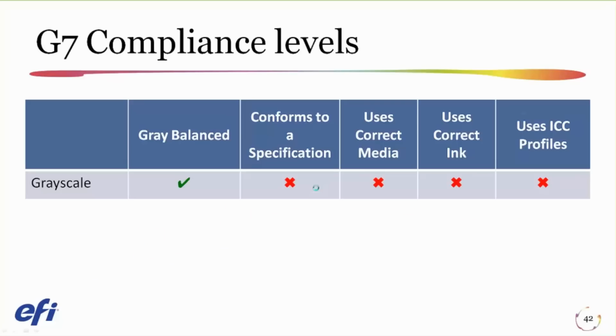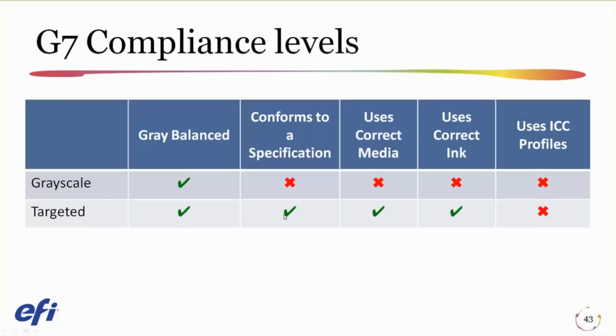There are different compliance levels to G7. There's grayscale, in which case all we really care about is gray balance. We're not conforming to any specification like SWOP or GRACOL. Don't care if the media is correct or the ink is correct. Don't use ICC profiles. All I care about is grayscale. Targeted, this is the press world. It is gray balanced.